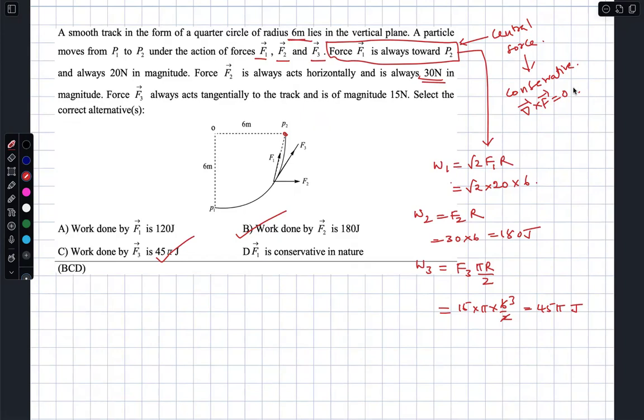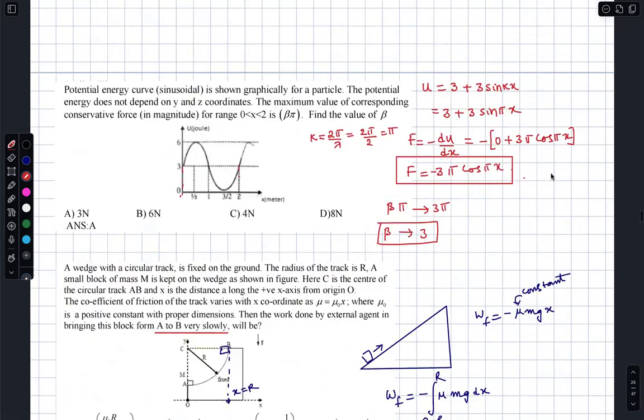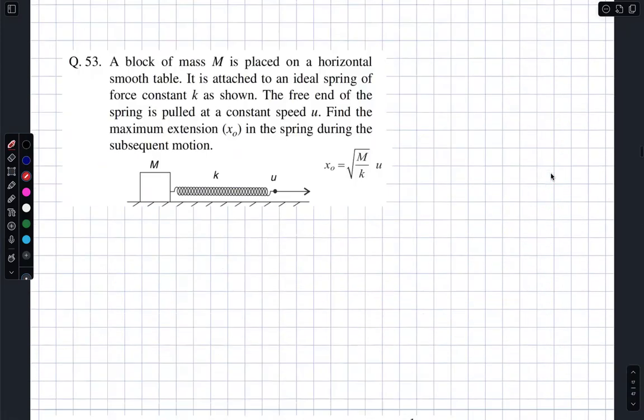So therefore, F1 is conservative in nature. Here the work by F1 is 120 joules, which is wrong, because we got 120 root 2 actually. All are in joules. We have done this question long back. I just want to show you that.